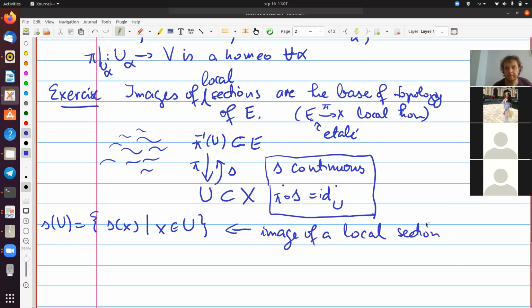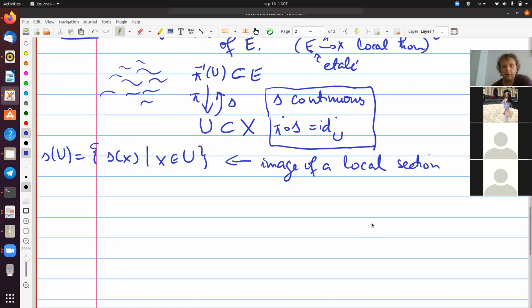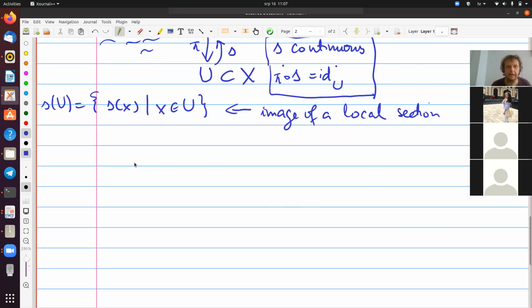Now you define F of U equals the set of all sections above U, sections S from U to E, the étale space.